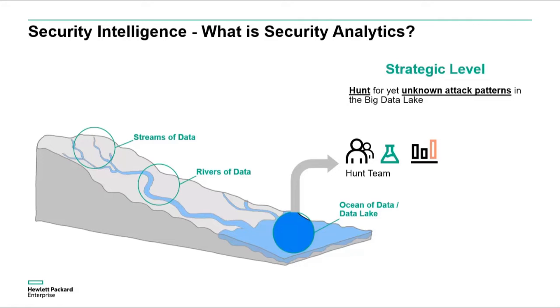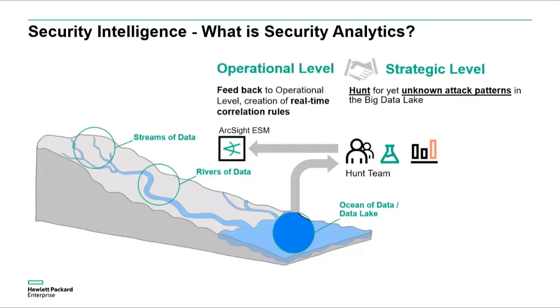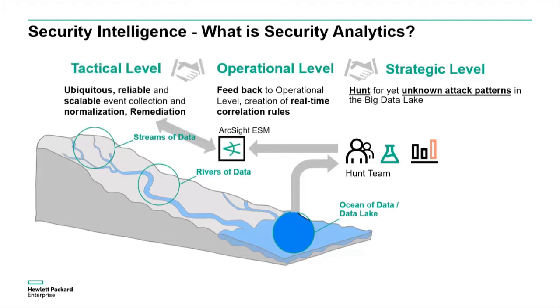Once new indicators of compromise are found though, they need to be communicated as fast as possible to the operational layer, where they are converted into automated real-time detection correlation rules. And if these rules trigger, the tactical level needs to be informed as fast as possible also to enforce that newly learned pattern and remediate the attack.